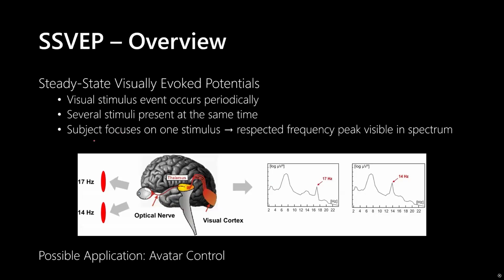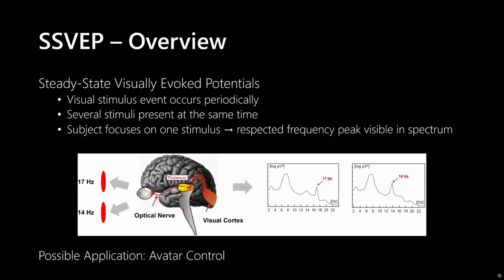Similar to what we just spoke about, when you're looking at something that is flashing very often, for example at 14 Hertz or at 17 Hertz, and you're focusing on it, then if you perform a power spectral analysis, you will see a 17 Hertz peak in your EEG data or in your power spectrum, or a 14 Hertz peak if you look at the 14 Hertz flashing light or object.